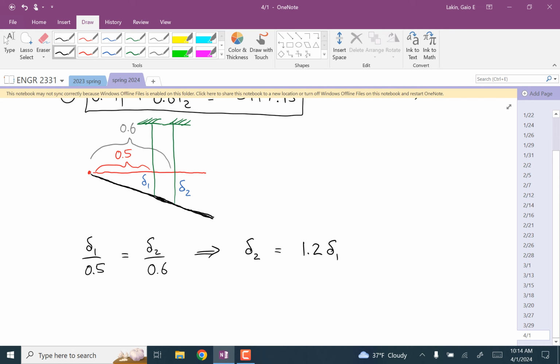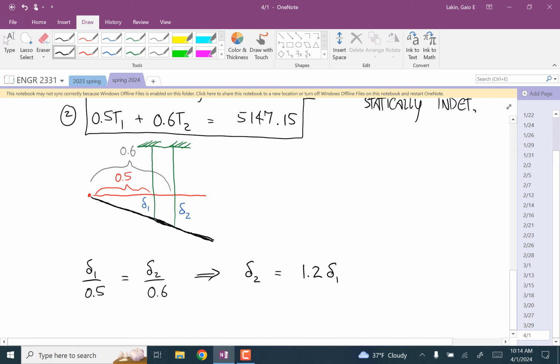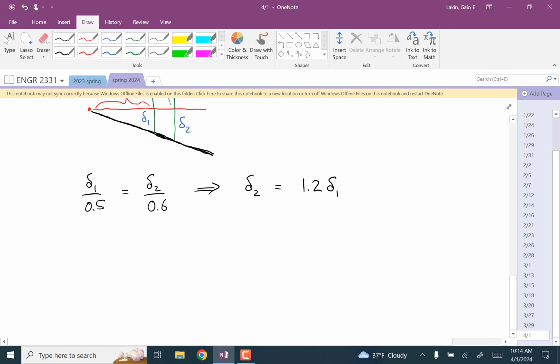Now the problem is this introduced two totally new variables that we'd never talked about before. But now we can represent these elongations in terms of the cable tensions. Delta 1 is the internal tension in the cable times the length of that cable before the deformation divided by E1A1.